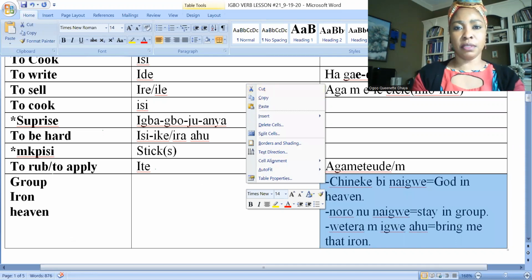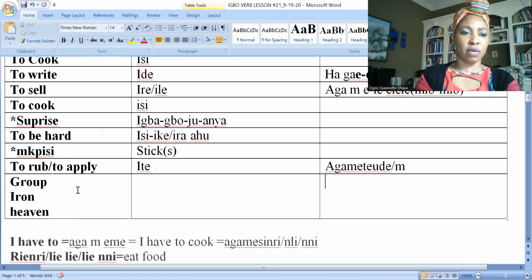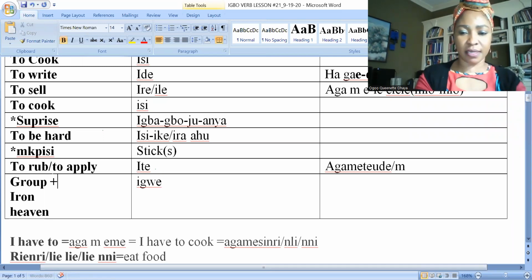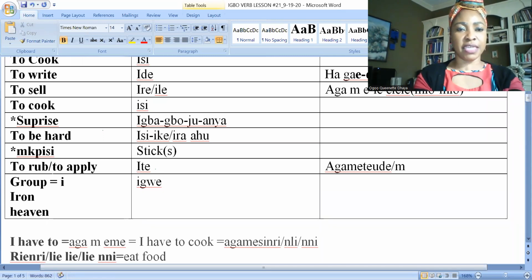Okay. Come on. Okay, so when we say group, it means Igwe. Okay, Igwe. We say iron. Okay, I'm going to put it here. It means Igwe. Okay, the pronunciation matters.